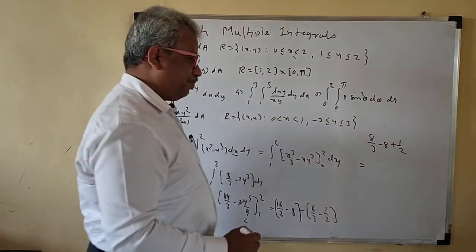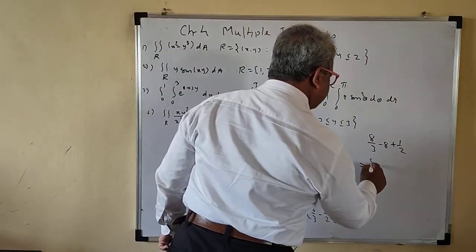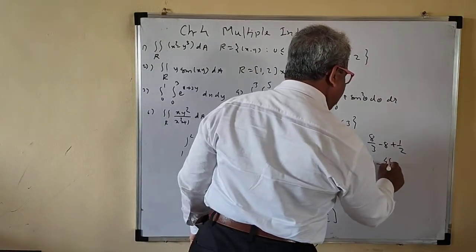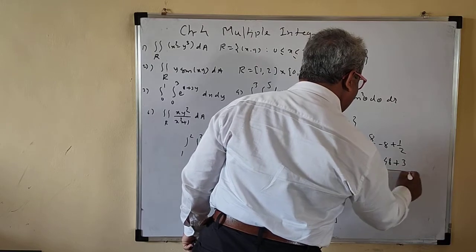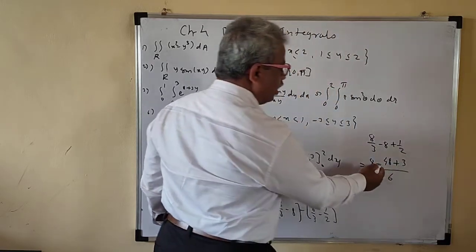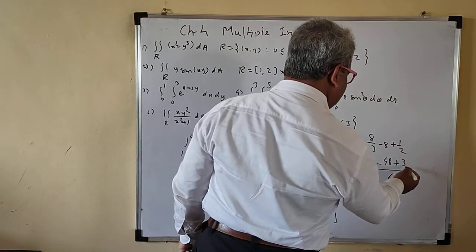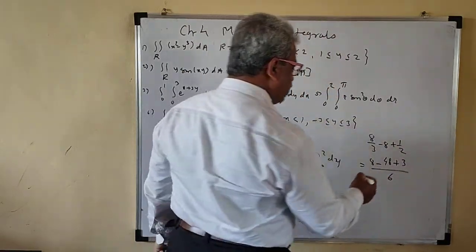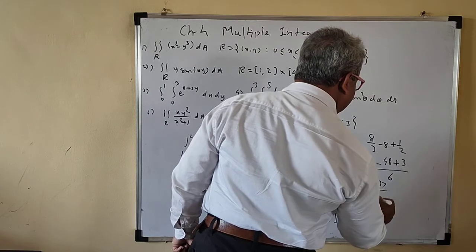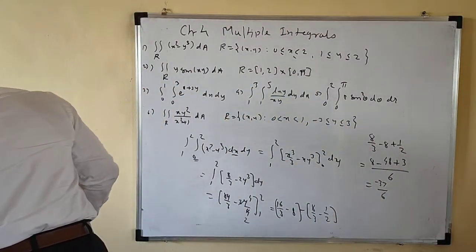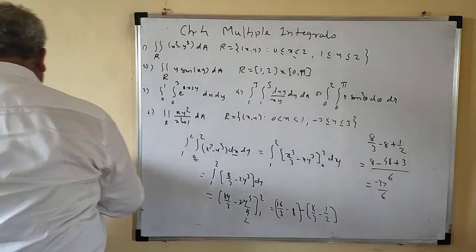So this will be 8 by 3 minus 8 plus 1 half, which is 16 minus 48 plus 3 upon 6. This is minus 40 plus 3, which is minus 37. Minus 37 upon 6 will be your answer.